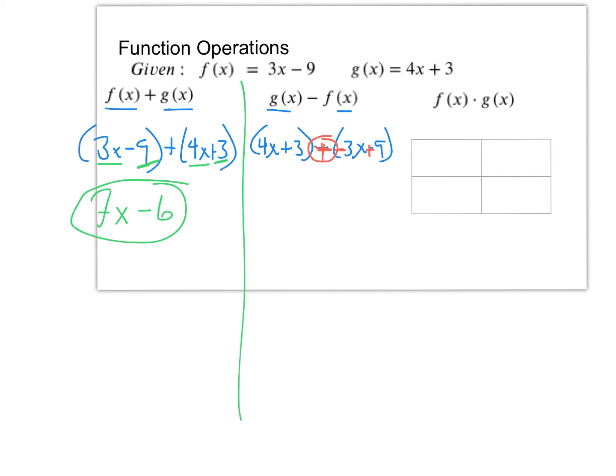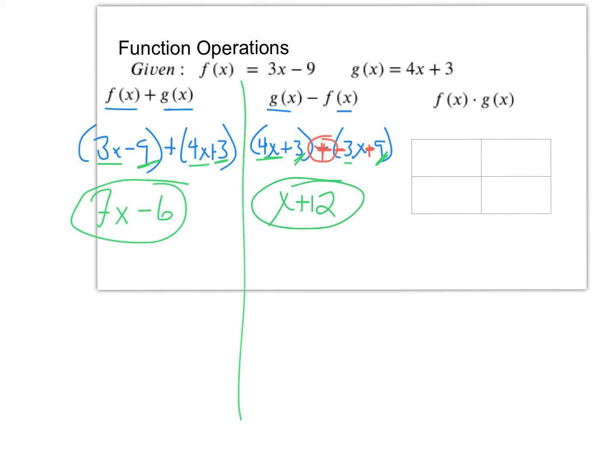This becomes a positive 9. And now we're back to just adding and subtracting. So let's do this up. So 4x minus 3x. Okay. So when we do something like that, we're going to have just x. Okay. Now we go for the regular numbers. So 3 plus 9, that's going to be plus 12. And there you have it. So there's this one.